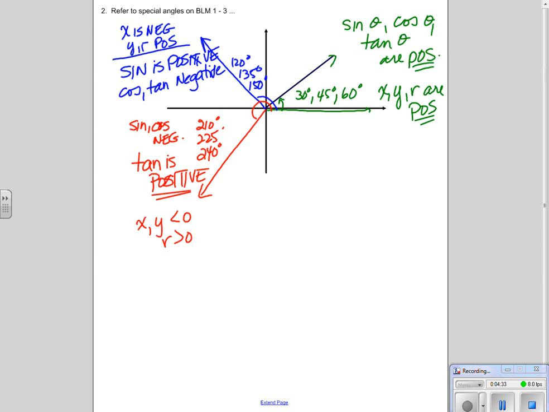Last quadrant. Angles of rotation between 270 and 360. We looked at 300, 315, and 330.